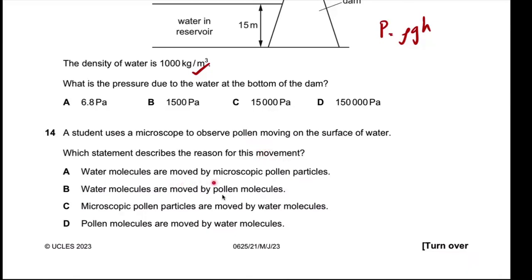Water molecules are moved by the microscopic pollen particles, this is not true. Water molecules are moved by pollen molecules, also not true. It's the pollen particles which are moved by the water molecules, right? That's the reason for this, because of the continuous movement of the water molecules, which make it move.